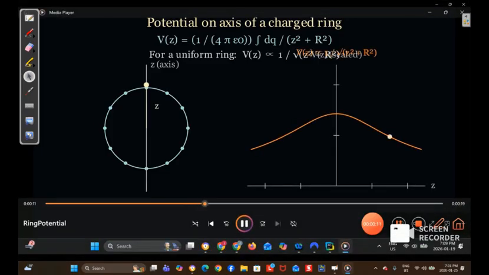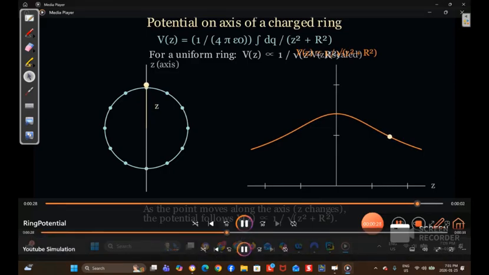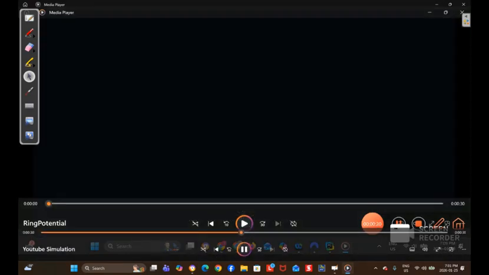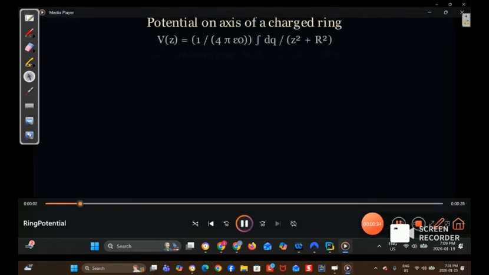On the left-hand side, for a uniform ring, is a two-dimensional projection of what is happening to the ring. Along the z-axis, you can see the particle going up and down vertically. As that is happening, it creates on the right-hand side some sort of curve, an orange curve, which the particle is traveling along.